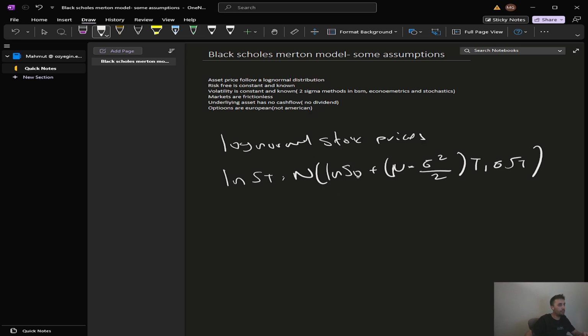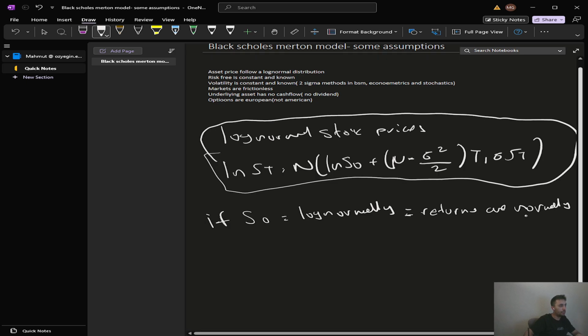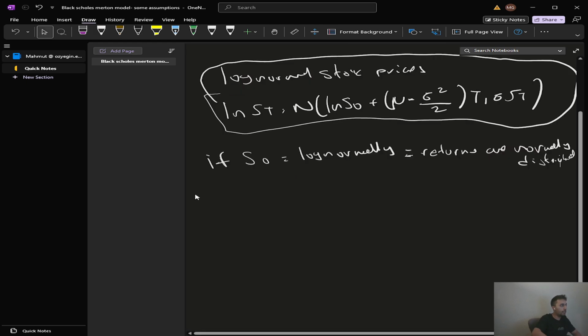This is not normal stock prices, guys. Always remember, log normal stock prices. If stock prices were normally distributed, then their returns would be normally distributed. Understand it very well. I'm so sorry, my writing is very bad. I know. This time I will handle it.